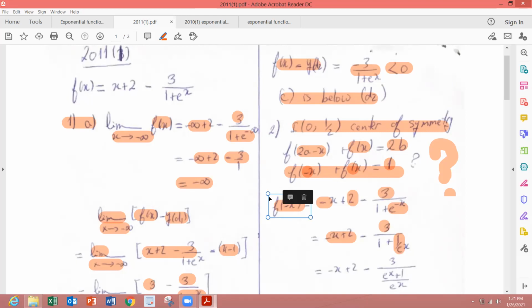To calculate f(minus x), we replace instead of x, minus x. So this becomes minus x and this becomes minus x. e to the minus x is 1 over e to the power x. The next step, e to the minus x is 1 over e power x.